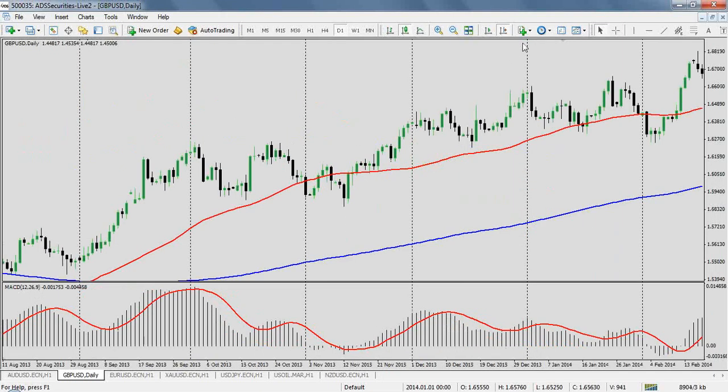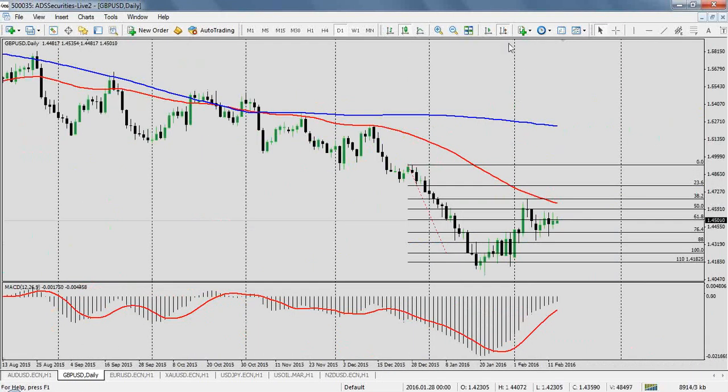So on daily time frame, we can see that the pair is very similar to New Zealand dollar. It has its support and resistance level. If you make it more precise, it is this level that we are talking about. This is the support.